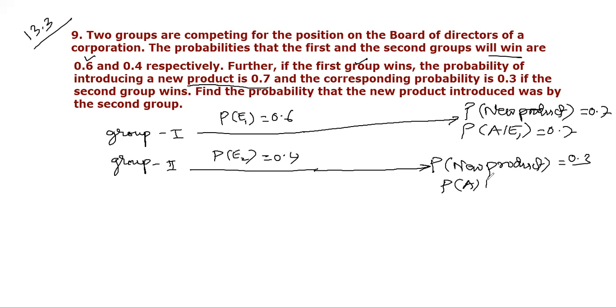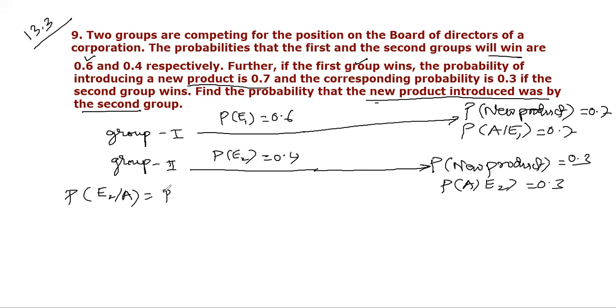So A given E2 is 0.3. So everything is given. Find the probability that the new product introduced was by the second group. So E2 is the second group, and A is the event of a new product.